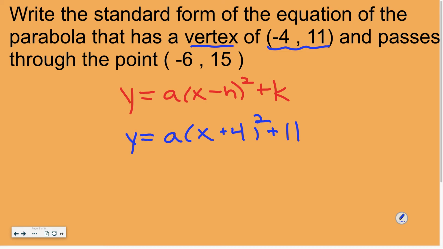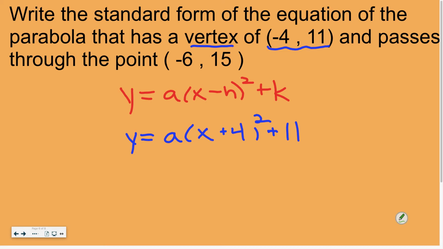Kaylin, you have an idea? You can plug in the point in the x and y and solve for it. Okay, so if we want to know exactly what kind of positive or negative value that is, because it could be a 2, it could be a 1, it could be a 5.3 for all we know, we can plug in our point to get the exact stretch or shrink that we have.